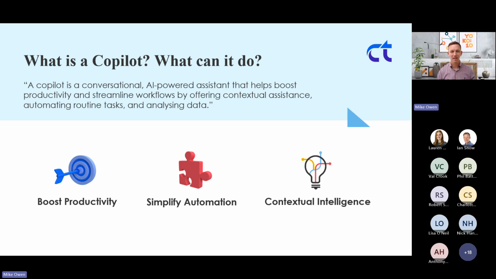And then thirdly, it's providing that contextual intelligence. It's providing some suggestions to try and improve your communication, improve your writing style. It can provide other prompts based on data that you have, to help you make more informed decisions.